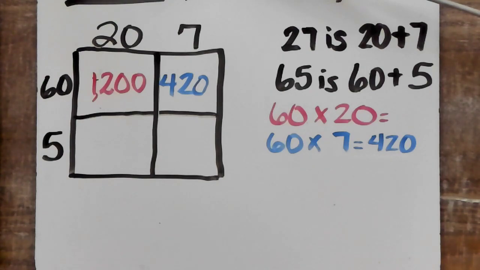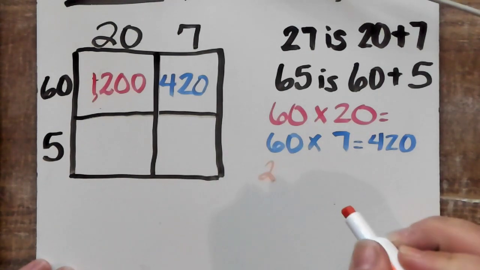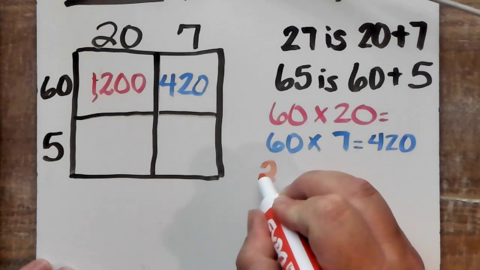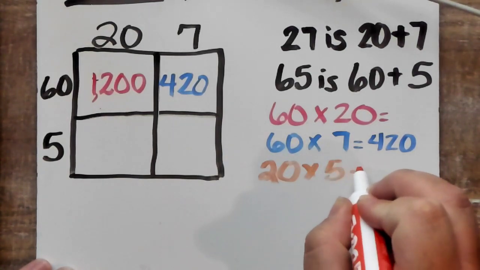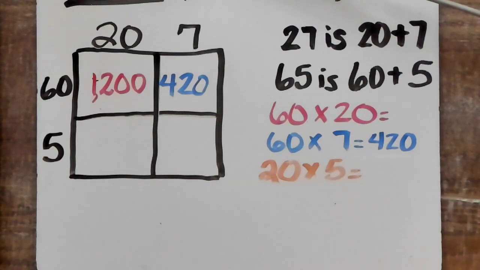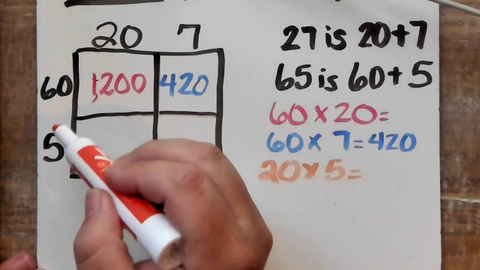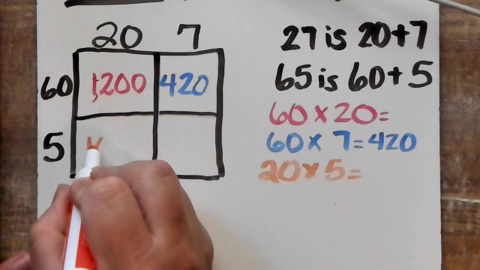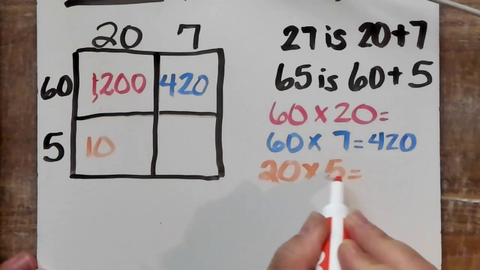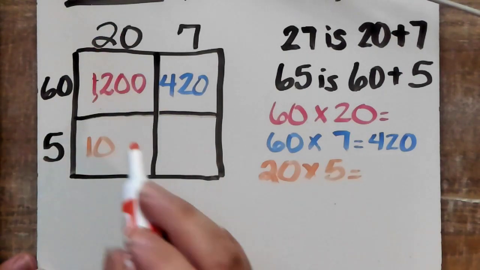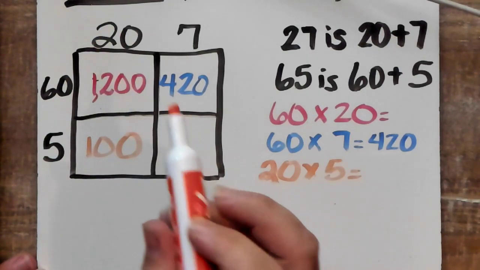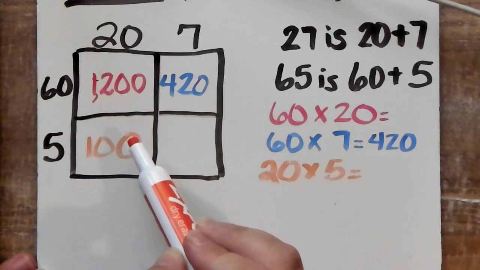Oh, that's really light, I'm sorry. 20 times 5. Again, let's do this the easy way. 2 times 5 is 10. How many zeros do you see in this problem? We have 1 zero that's in the 20. So we're just going to add that to the end, and we know that 20 times 5 is 100.